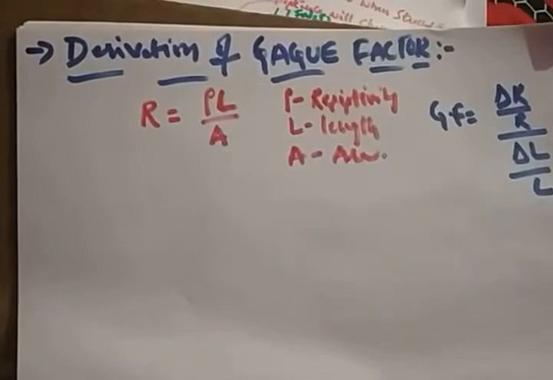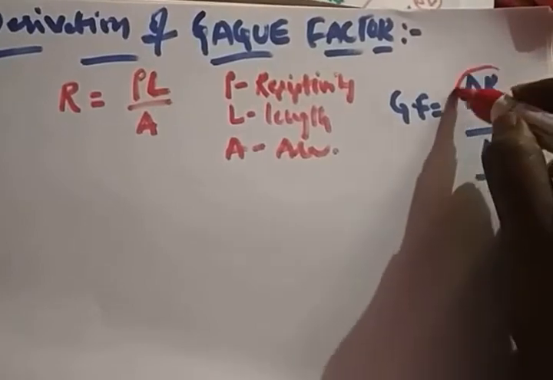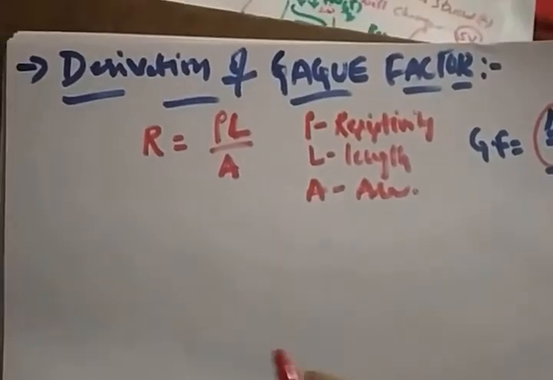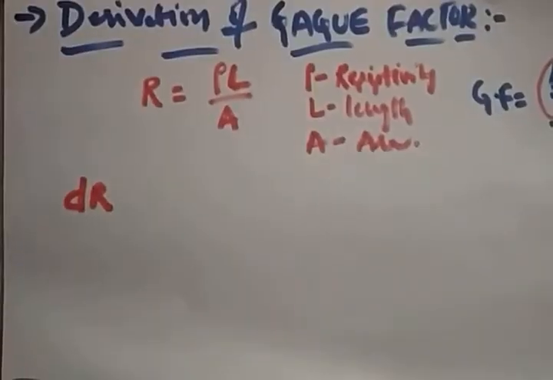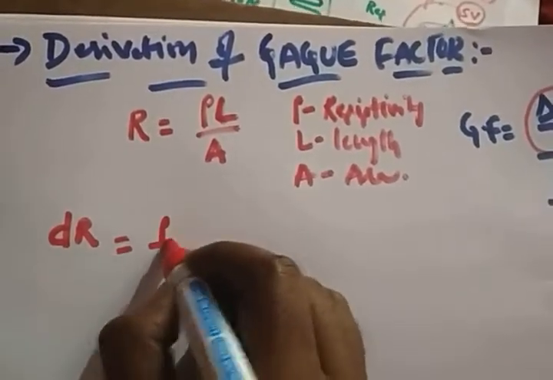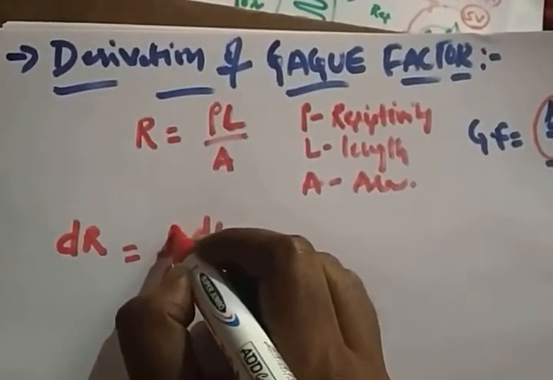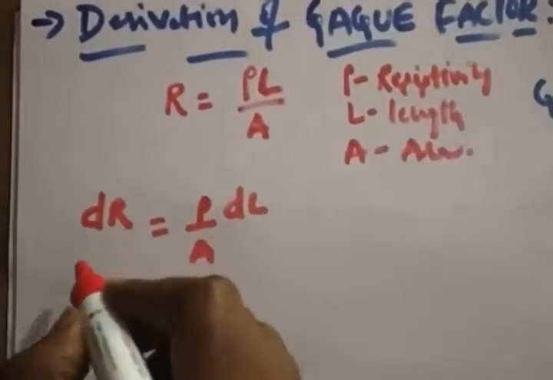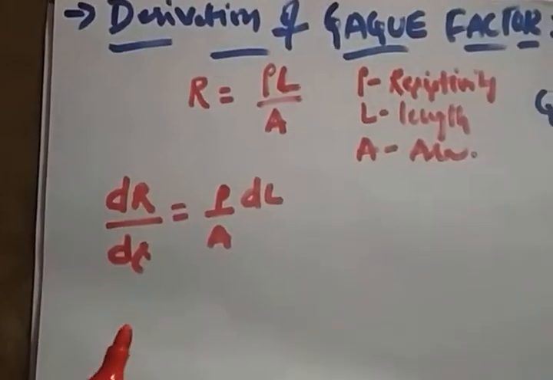Hope it's clear, right? Now, if you want to define the gauge factor, first you have to know what delta R by R is. Delta R is nothing but a differentiation of R, dR. We differentiate with respect to whatever input you applied, the strain, so dR by dS.